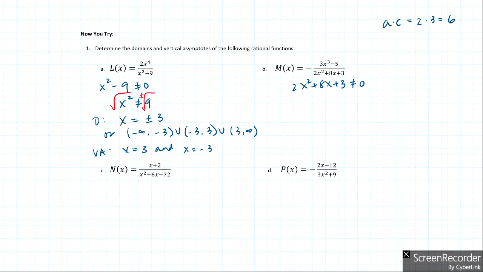And we want the sum to be equal to 8 over here. So we're thinking about the product being 6 and sum equal to 8. And if you have tried it, you will see that we actually don't have any factor pairs of 6 that would give us a sum equal to 8, because it's either 1 times 6 or 2 times 3. Neither of them give us a sum of 8.